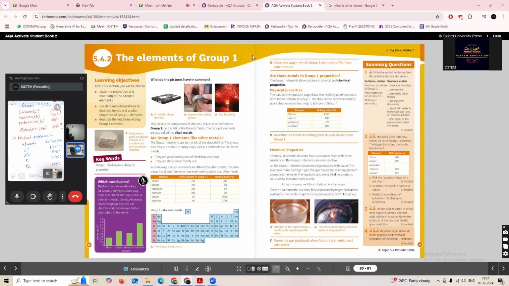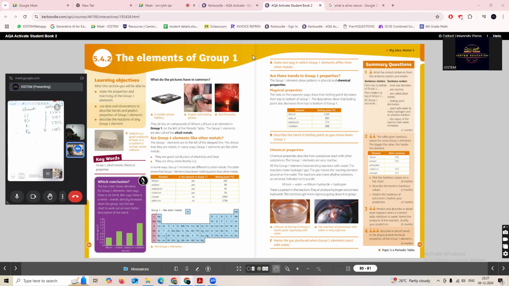I just wanted to tell you that the boiling point decreases from top to bottom. So this was the physical property.